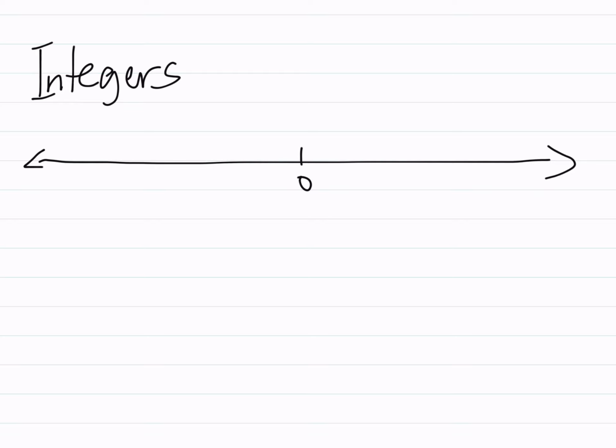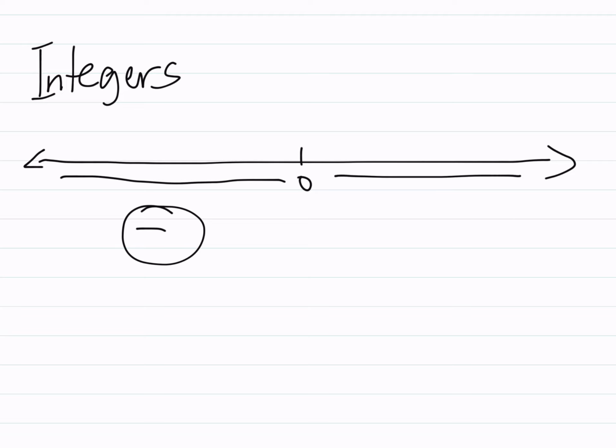Integers to the left of 0 on this side are written with a negative sign, and integers to the right of 0 may be written with a positive sign or with no sign at all.